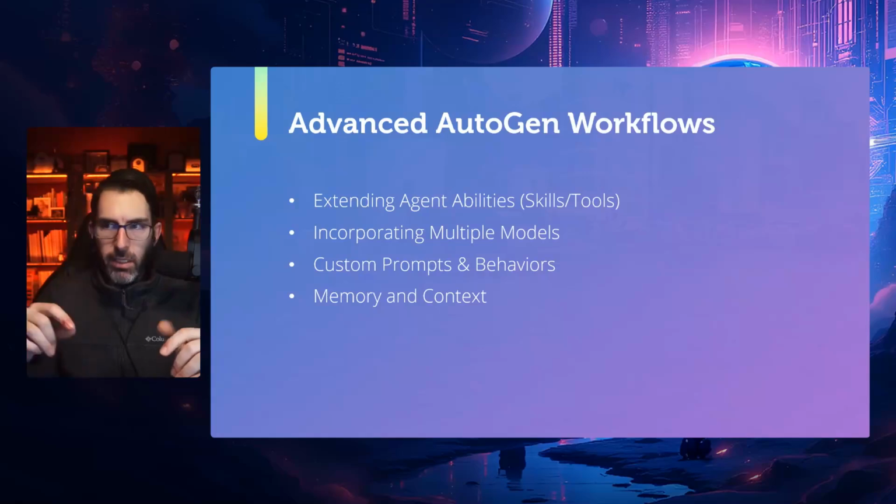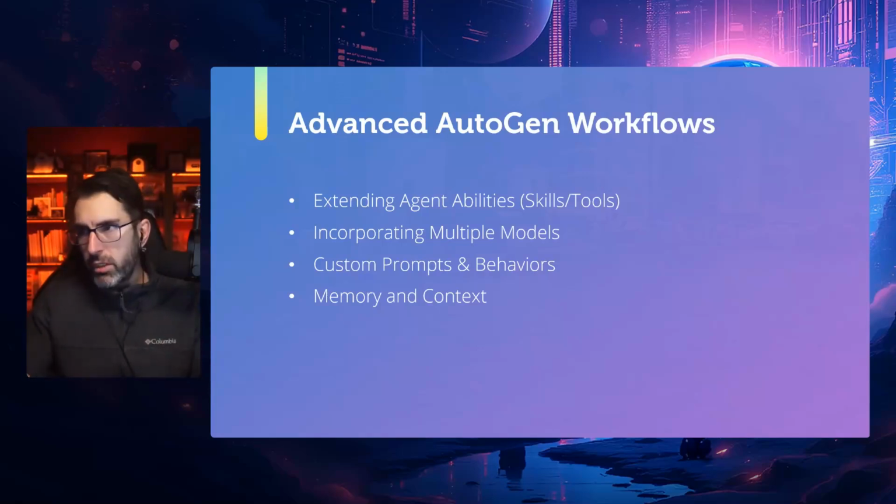These skills let agents handle tasks beyond text generation. They can do calculations, query databases, control other software or connect to other software. The design of the framework supports such tools being integrated seamlessly within the agent conversation.